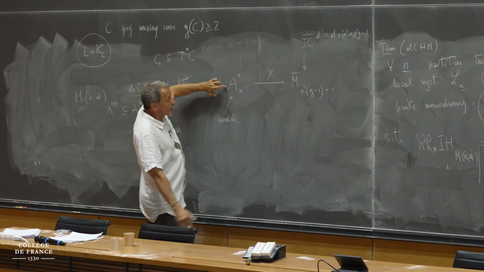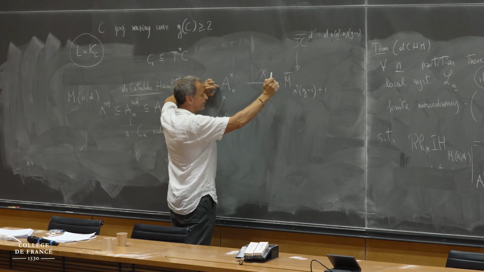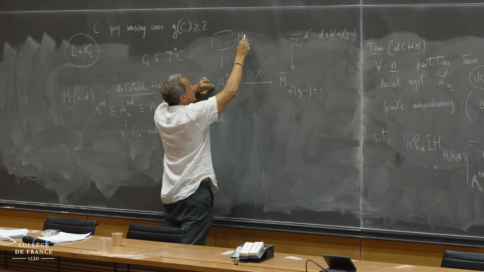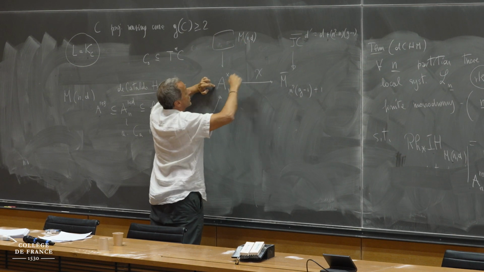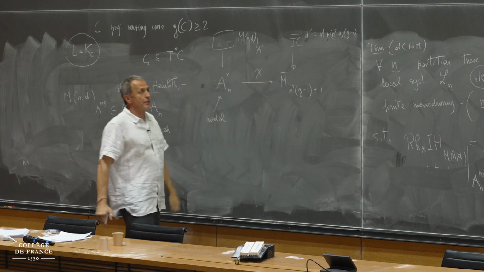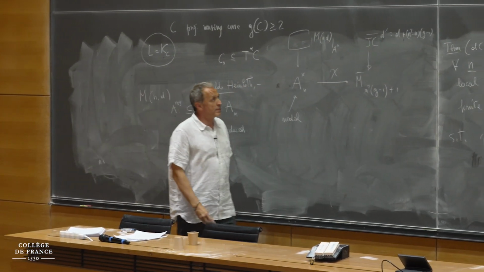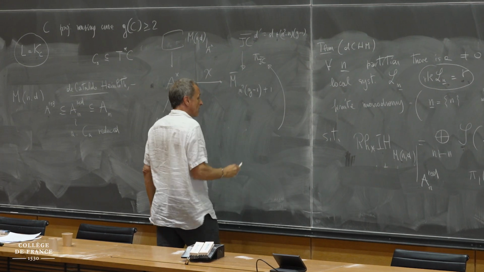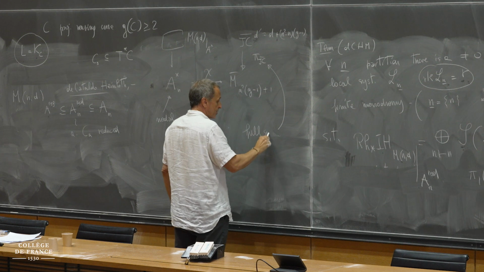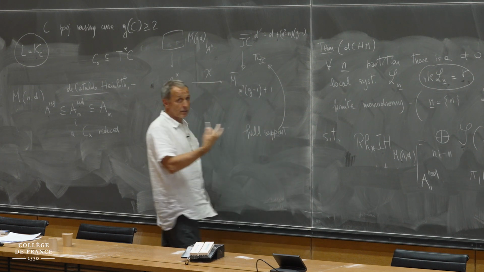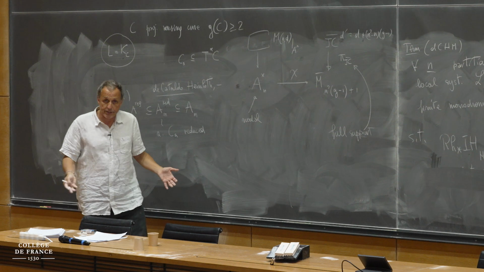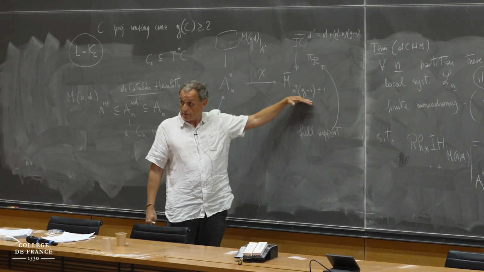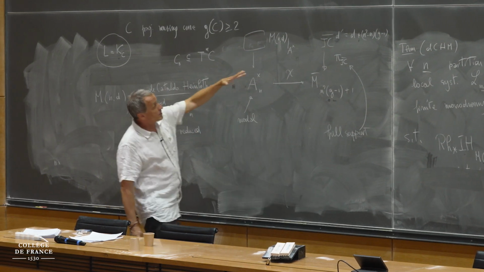And by the BNR construction, the fiber product here is just isomorphic to the restriction to the nodal locus here. Now, what happens is that this map is of full support. Full support in the sense, as I said before, that in the decomposition theorem, all the summands are supported over all the base.